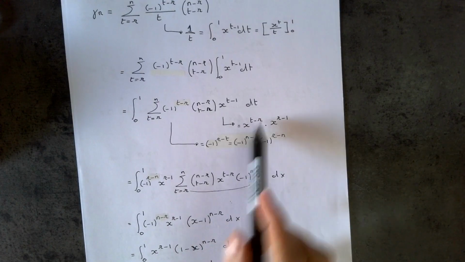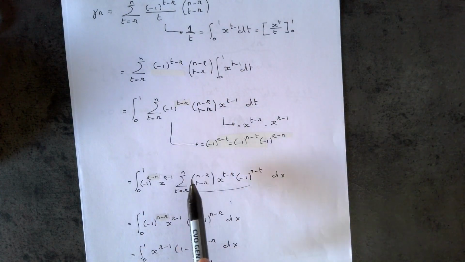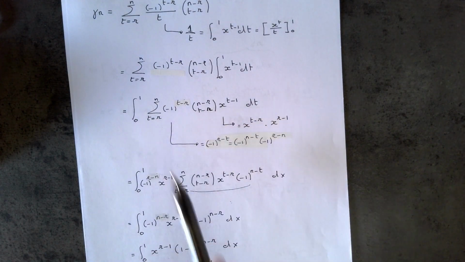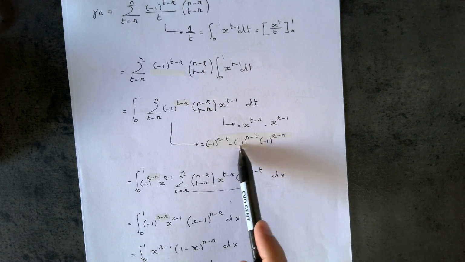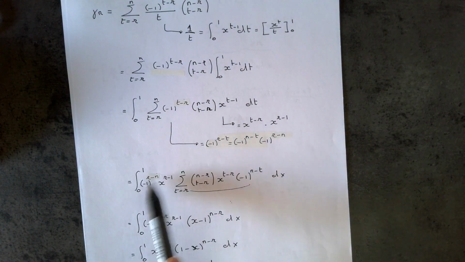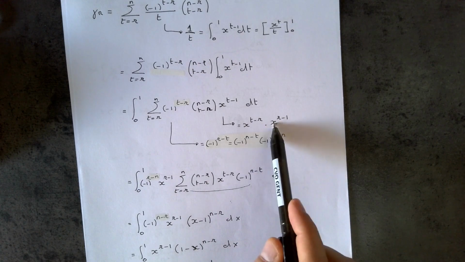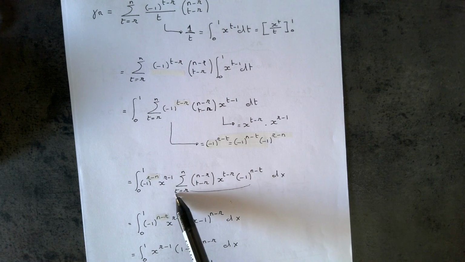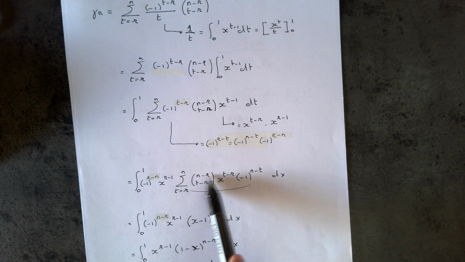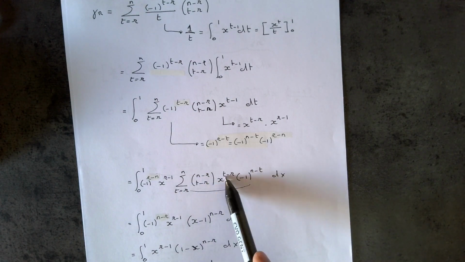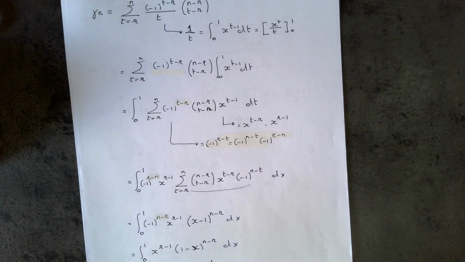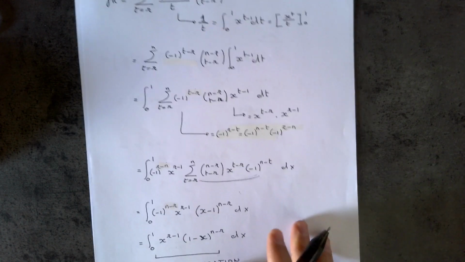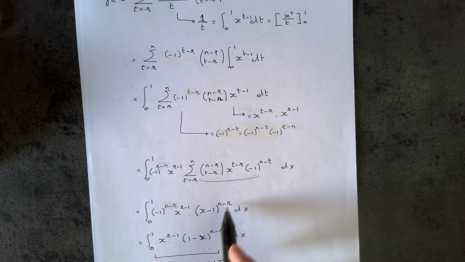So plugging in these values here, I take everything that doesn't depend on t outside of the summation. Here, minus 1 to the power r minus n doesn't depend on t, and x to the power r minus 1 also doesn't depend on t. I'm left with a sum from t equals r to n of n minus r choose t minus r, x to the power t minus r, minus 1 to the power n minus t. And here, using the binomial theorem, this is the same as x minus 1 to the power n minus r.